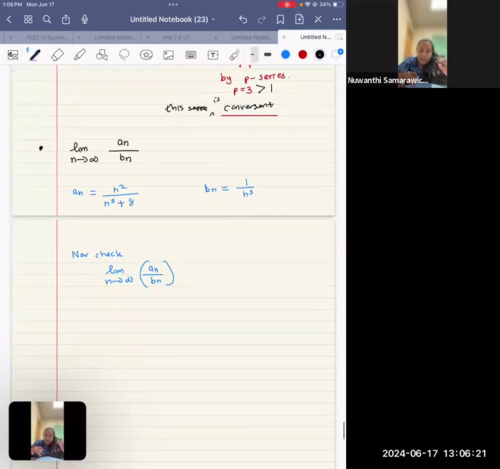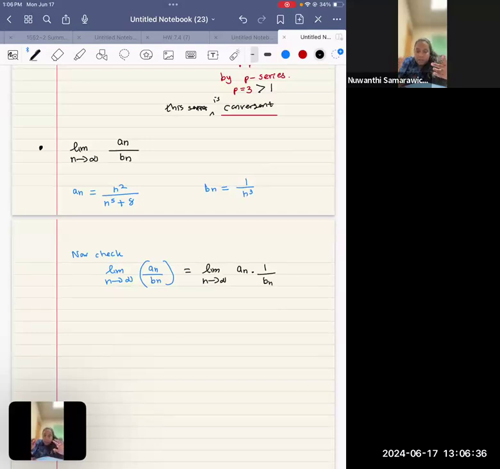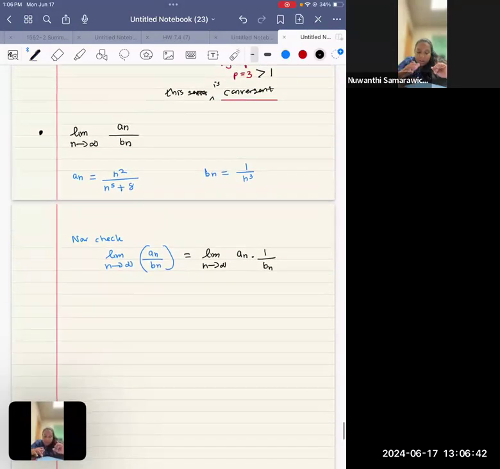Instead of writing it like this, just write your quotient as a sub n multiplied by 1 over b sub n. Then it is easy to visualize and easy to think how we are going to cancel all the things. So just practice writing the quotient like this.